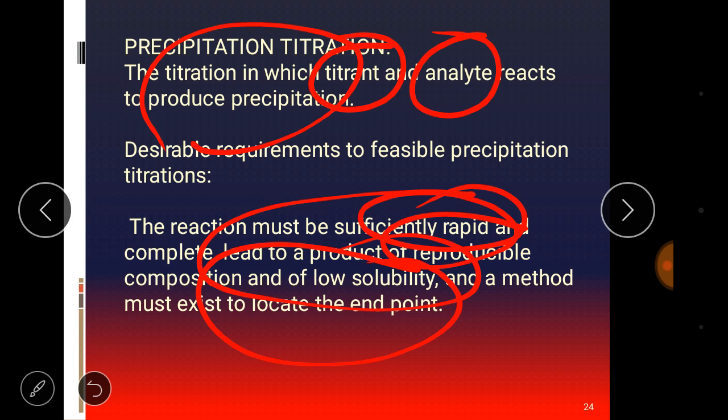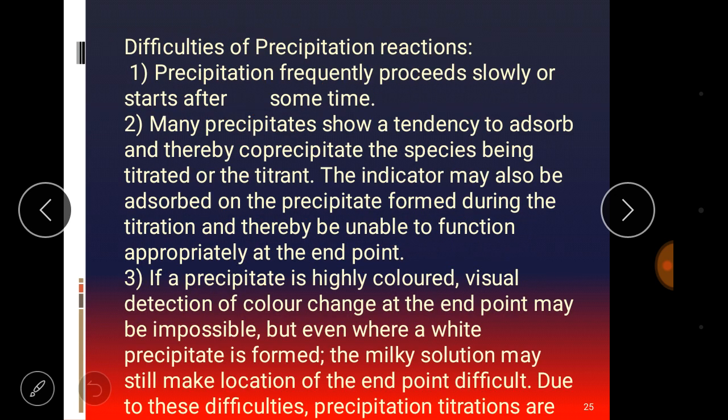So we can use methods like Mohr's method, Volhard's method and Fajans' method. One of these methods should be applicable for that particular reaction, then precipitation titration is more desirable for that reaction. Now we come across difficulties of precipitation titration.